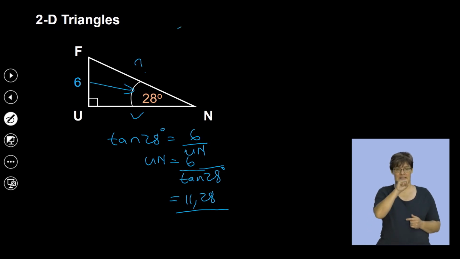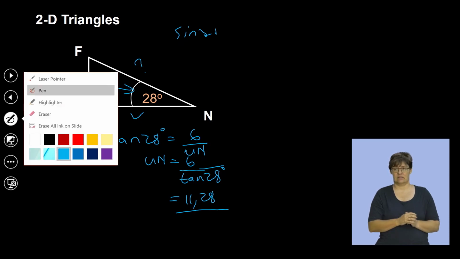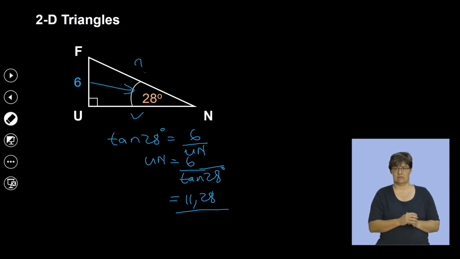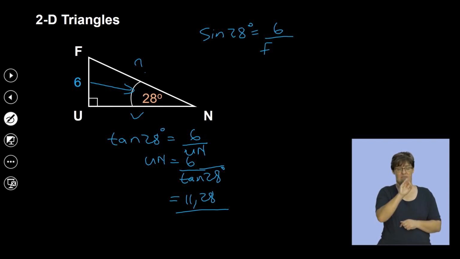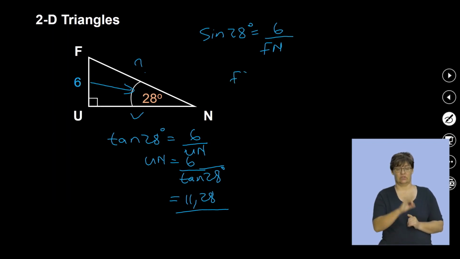So it will be sine 28 degrees is equal to my FU, which is 6, over FN, which I'm trying to find. From the calculator, this is 6 divided by sine of 28, and then it gives me 12.78.